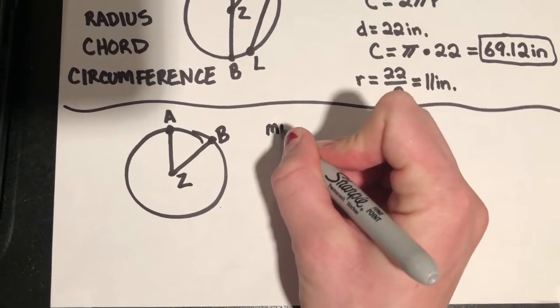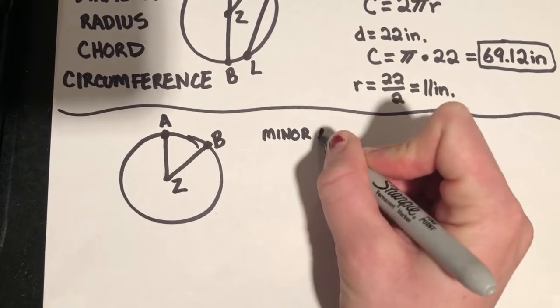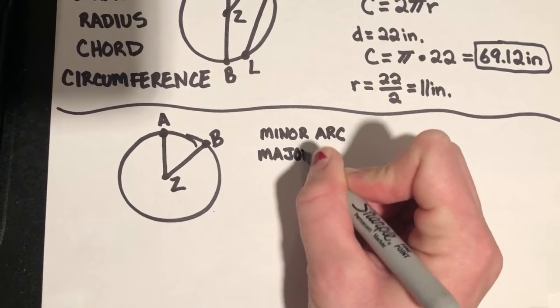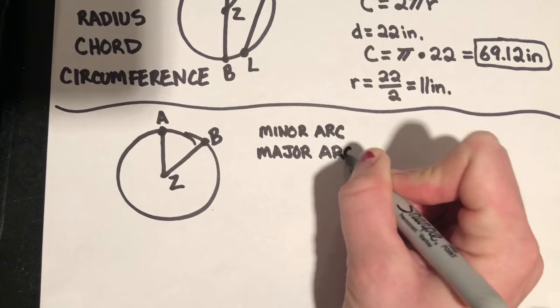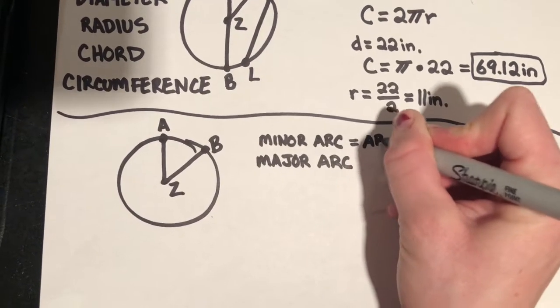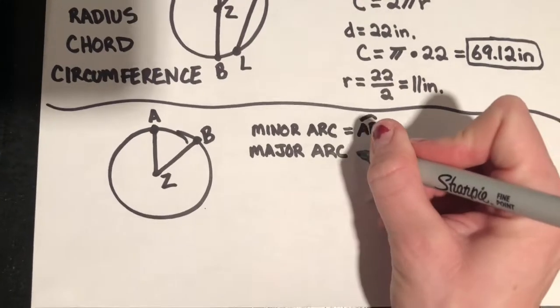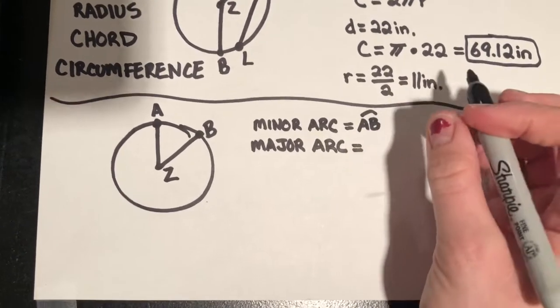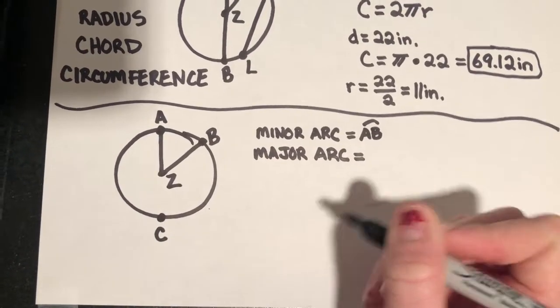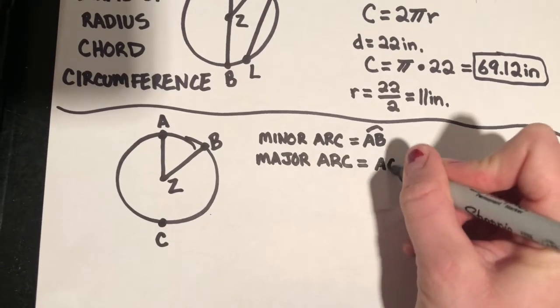What's called a minor arc and a major arc. AB is our minor arc. Our major arc, let's put another point over here. Let's put C. A major arc would be considered ACB.